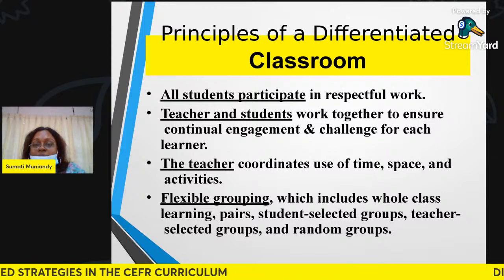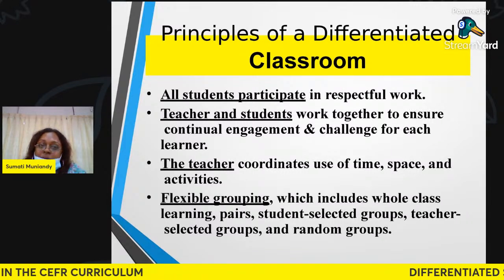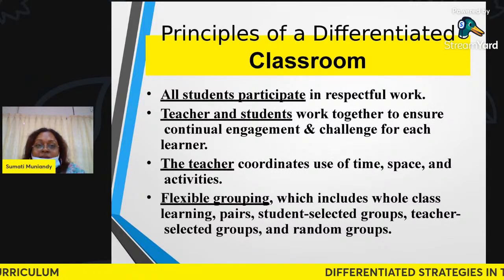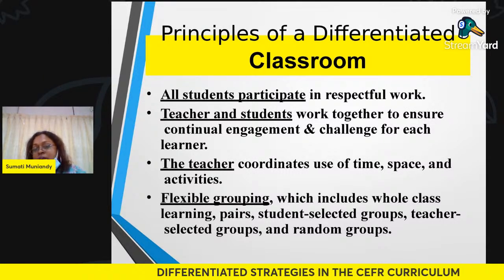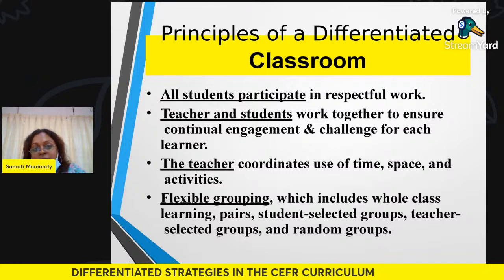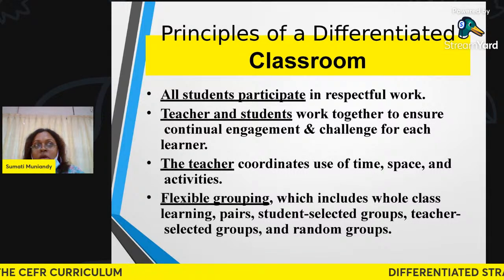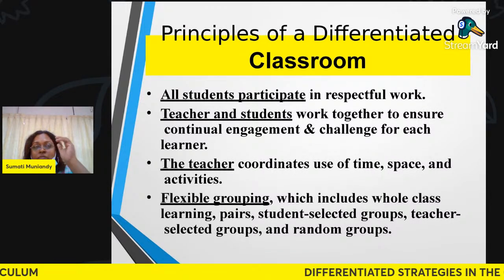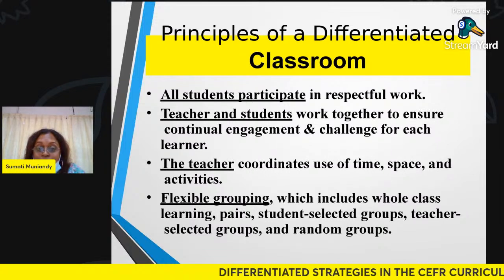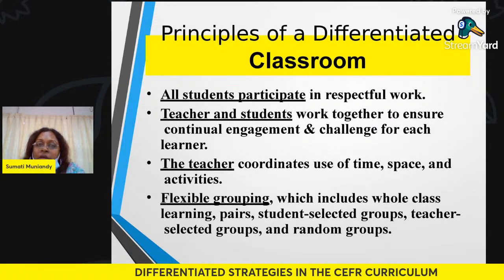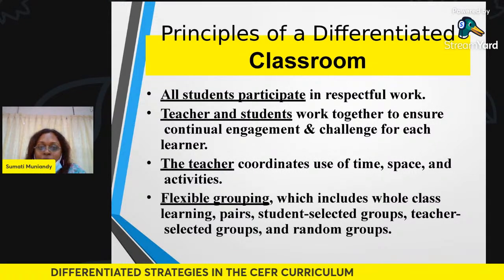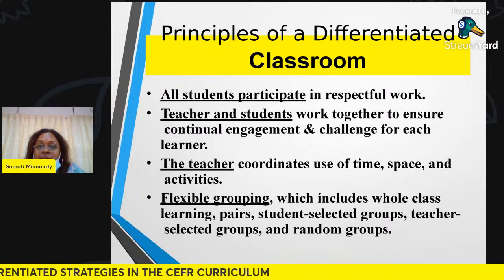Within the stipulated time and space, can you achieve your target by providing them with your instructional strategies? Flexible grouping, which includes whole class. Normally when we talk about CEFR, we must give the students empowerment, so we must give them a lot of group work, maybe pair work, student-centered work, all this.